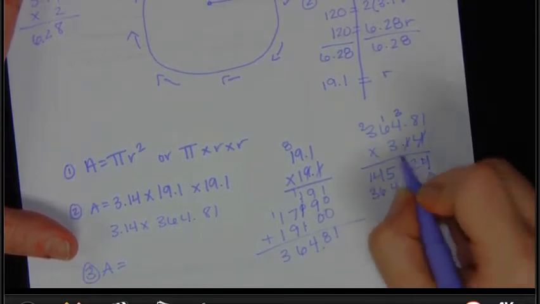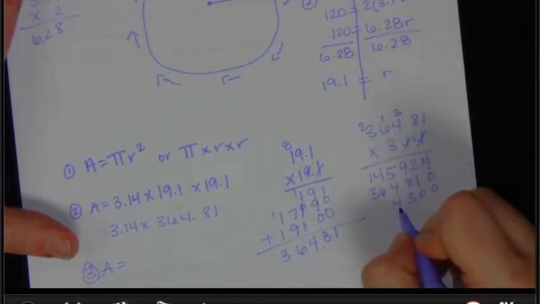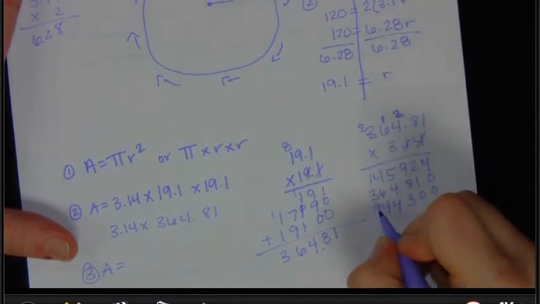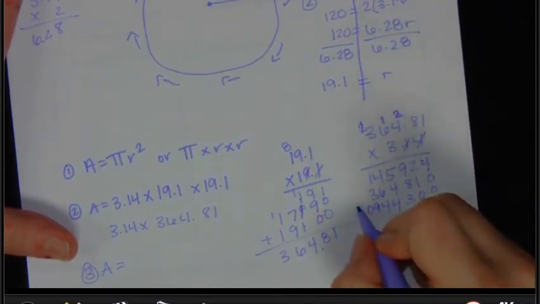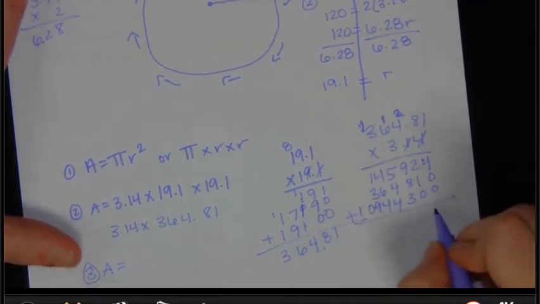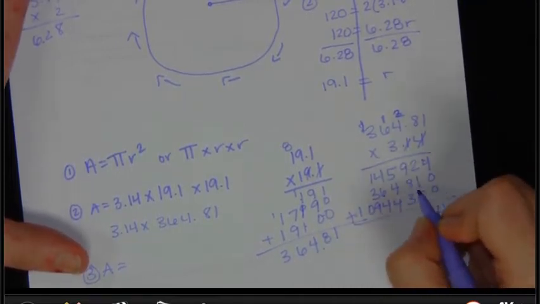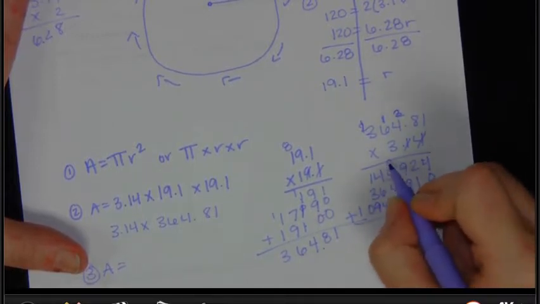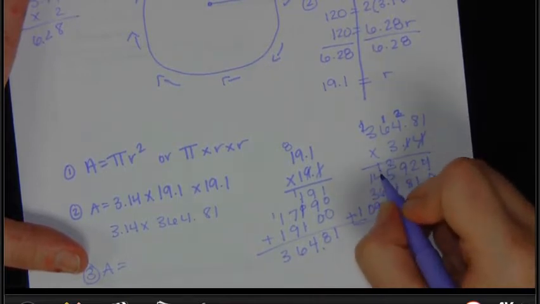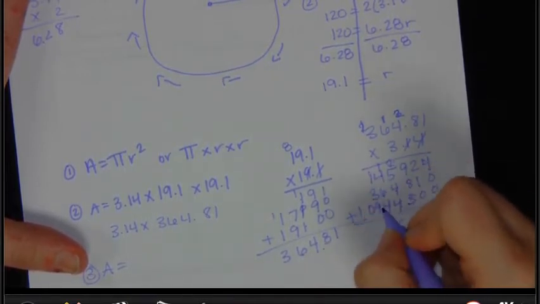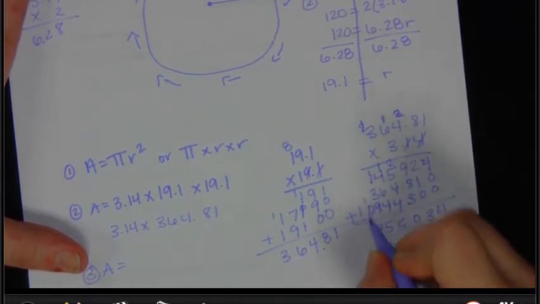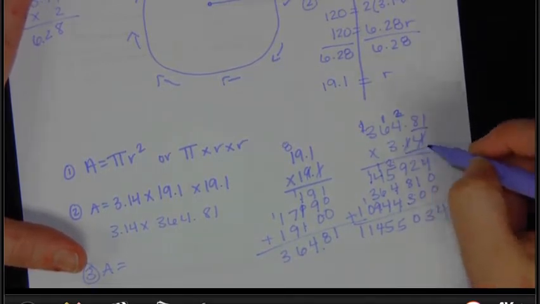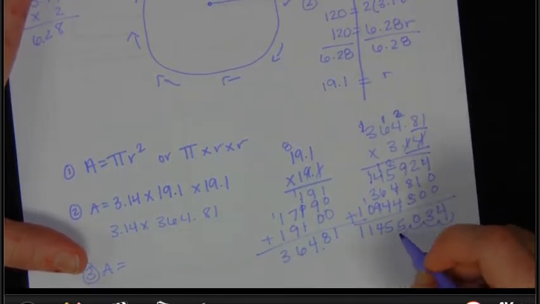Now I'm with the 3. 3 times 1 is 3, 3 times 8 is 24. Then I add them all up, and I have 1, 2, 3, 4 decimal places.